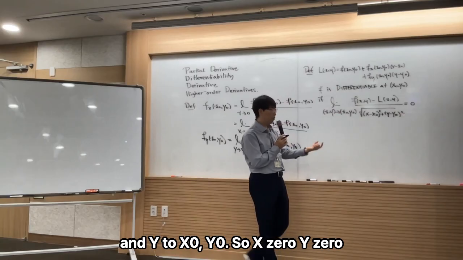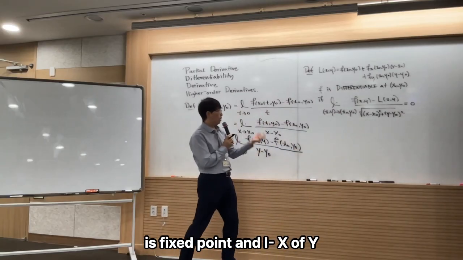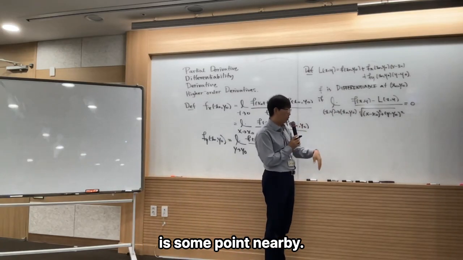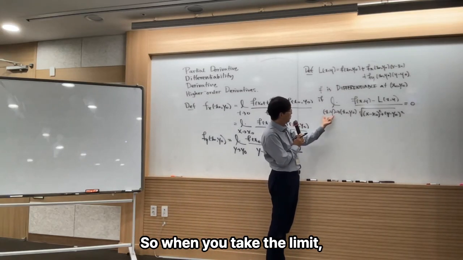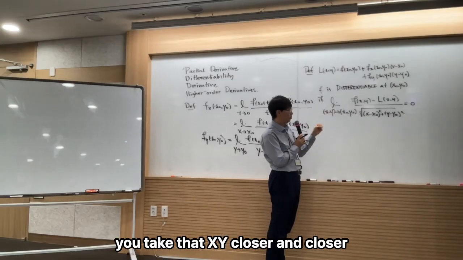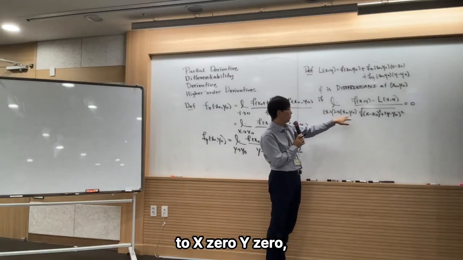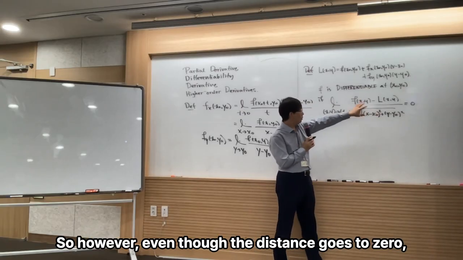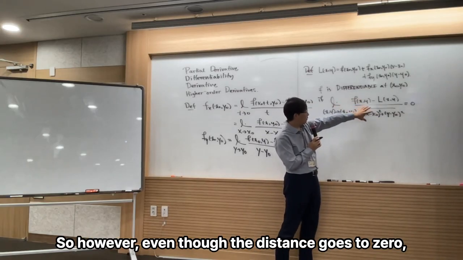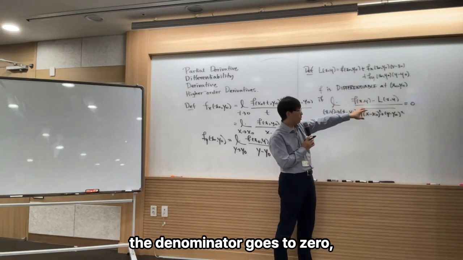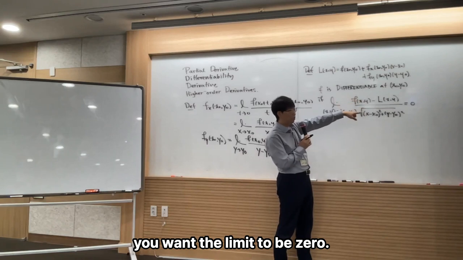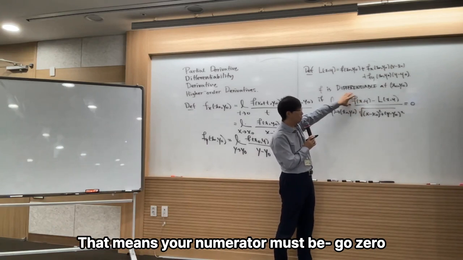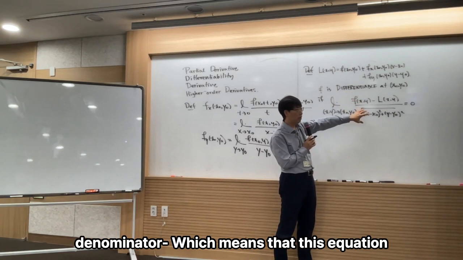So x0, y0 is a fixed point, and x and y is some point nearby. So when you take the limit, you take that xy closer and closer to x0, y0. So your distance goes to 0. So however, even though the distance goes to 0, the denominator goes to 0, you want the limit to be 0. That means your numerator must go to 0 faster than the denominator.